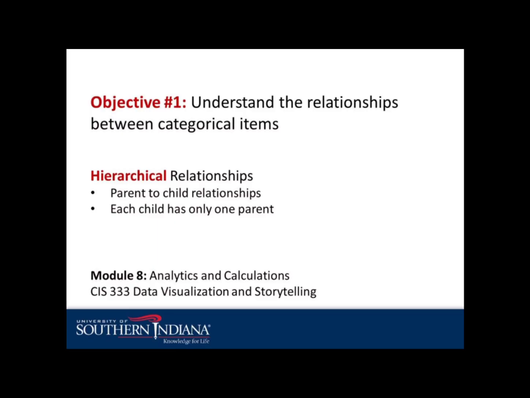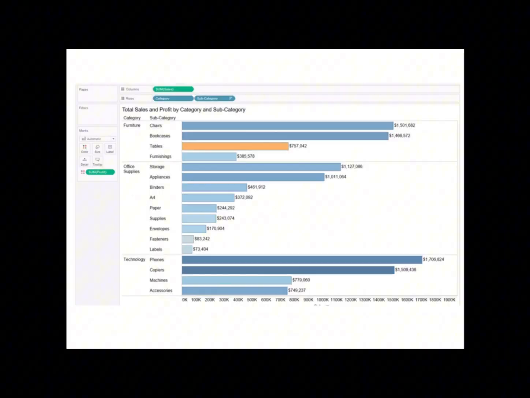Okay, and our fourth categorical relationship are hierarchical relationships. These are typically considered the parent-to-child relationships, where each child in a set only has one parent. And here's an example of that, again, using the Global Superstore and Tableau. So you have your categories and your subcategories. Your subcategories are your children.